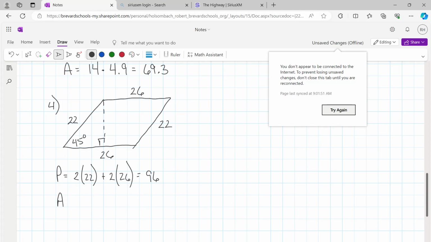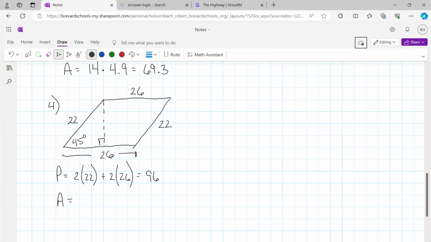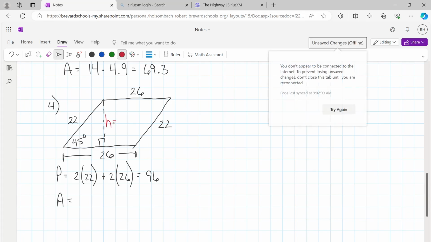And our area is going to be equal to our base times the height. So the 26 represents our base. And our height, again, is the leg of a 45, 45, 90 right triangle. Same rule applies. 22 divided by square root of 2 will give us the leg of this isosceles right triangle.